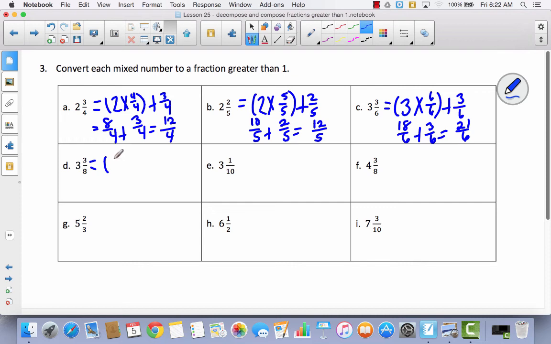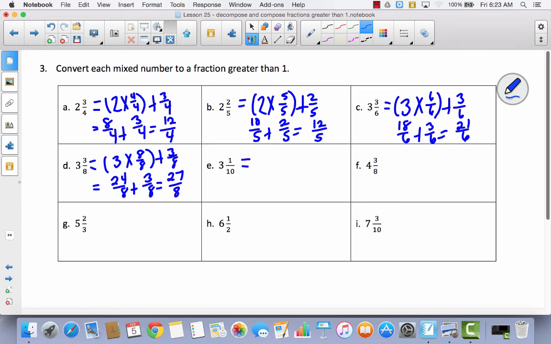So I've got 3 times 8/8 plus 3/8. So 3 times 8/8 is 24/8 plus 3/8 equals 27/8.